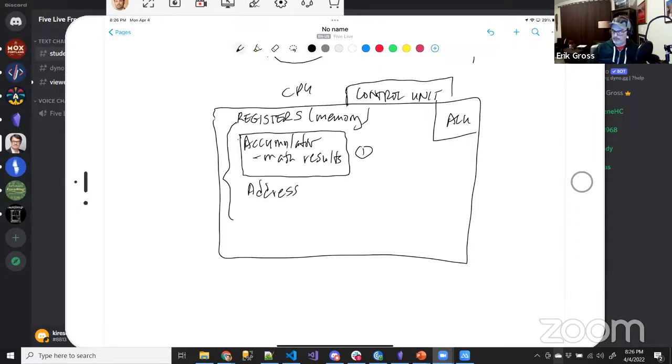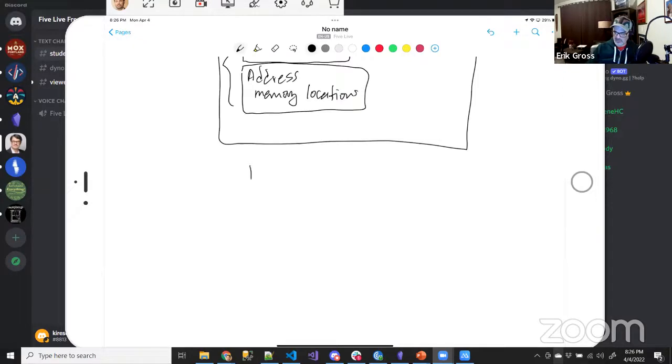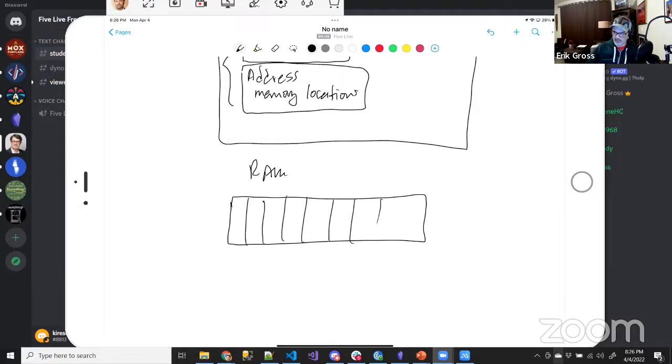Another register would be an address register. Now, this stores memory locations. One thing I didn't really totally stress yesterday, but is worth reminding you of, is when we talked about this random access memory, we said that it would be a device that you could essentially think of like a big giant grid of memory spots.